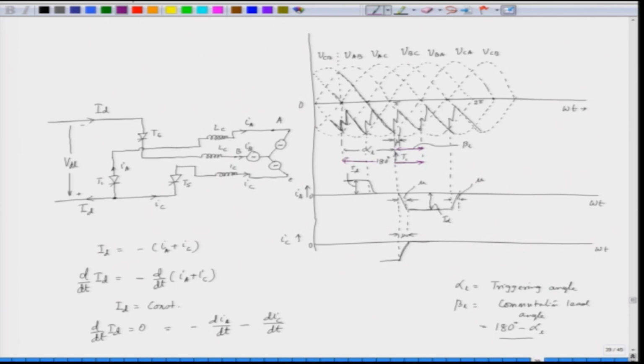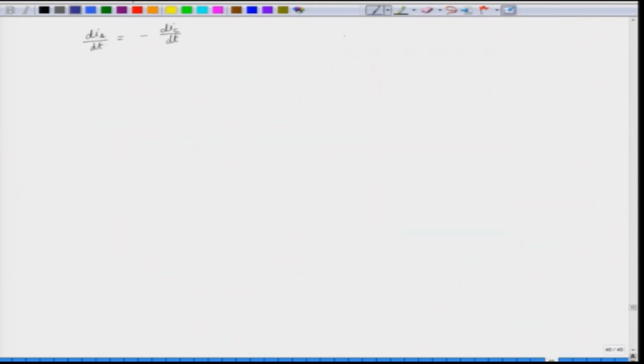Now, we will introduce another angle which is called the margin angle, gamma. So, gamma is called the margin angle. So, what is this margin angle?